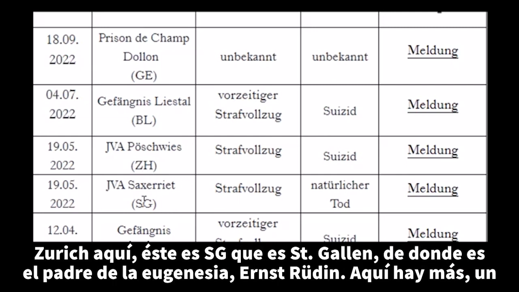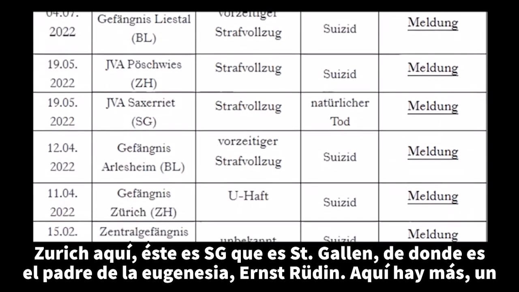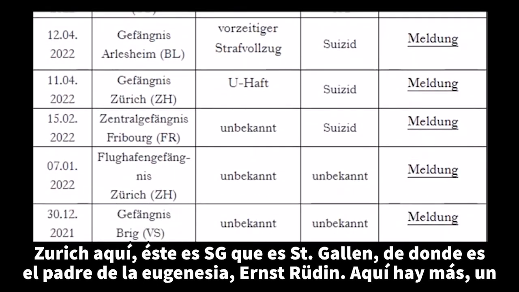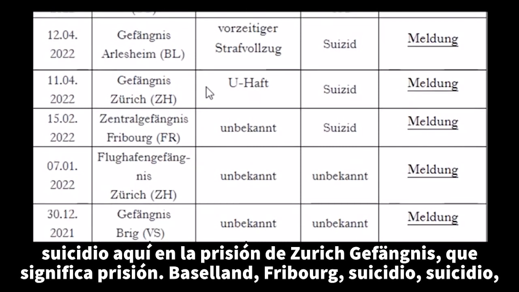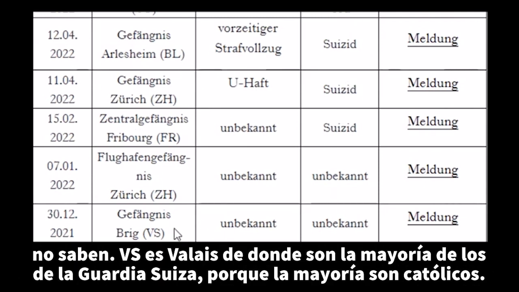Zurich here, this is SG, Sankt Gallen, where the grandfather of eugenics came from, Ernst Rudin. Now some more suicide here, prison in Zurich, Gefängnis, it means prison. Baselland, Freiburg, suicide, unbekannt, they don't know.